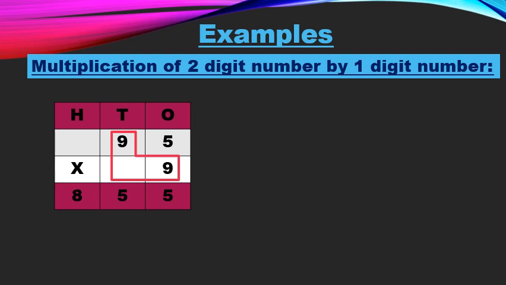Clear? So 81 plus 4 gives us 85. So where we are going to write 85? Yes, we are going to write 8 in hundreds column and 5 in tens column. Clear?